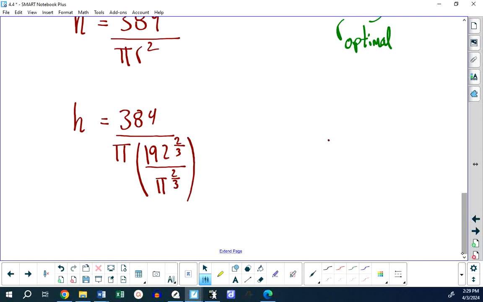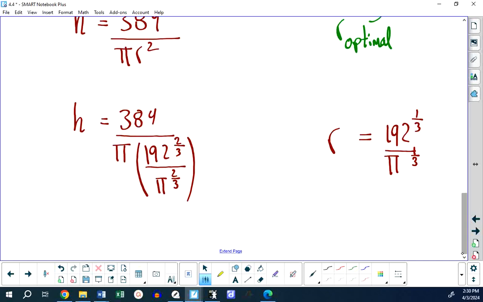The radius is 192 over pi taken as a cube root, which is 192 to the third over pi to the third. When I square that, it's a power of a power, so I multiply that exponent of a third by 2. This 192 to the 2/3 can stay on the bottom.